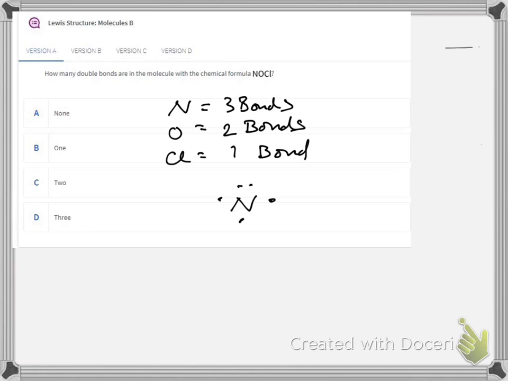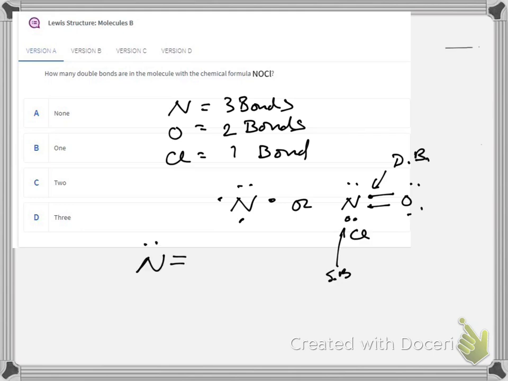Remember, there are 2 ways nitrogen can be a central atom: it can form 3 single bonds, or it can form a double bond and a single bond. Let's take a look at that method. The only atom it can form a double bond with in this molecule is oxygen. Now oxygen has its 2 bonds. We put the 2 lone pairs there, and now we form the single bond with chlorine.